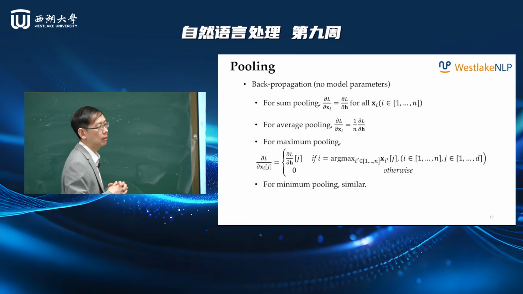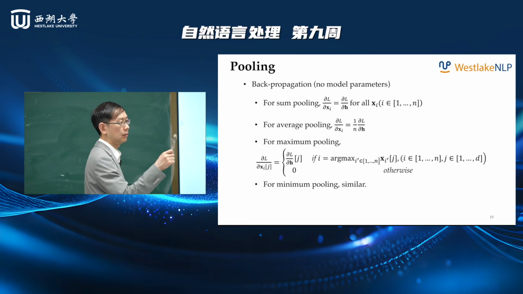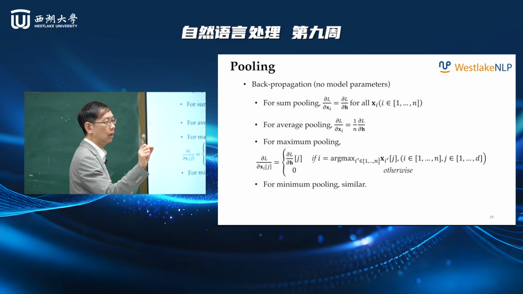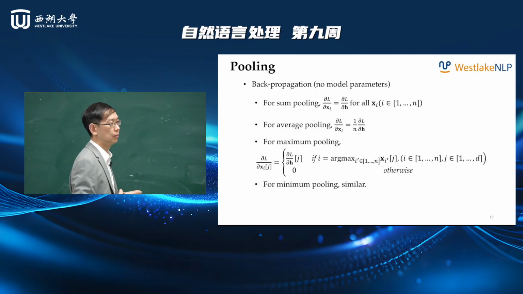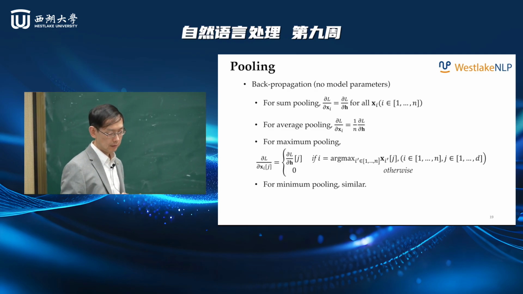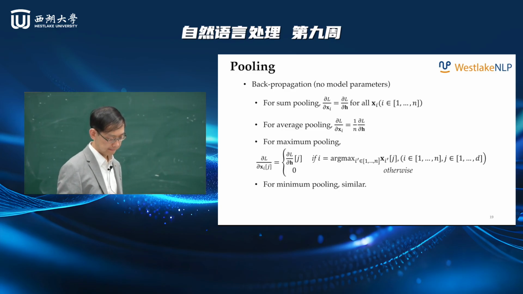So if the value of the output, the third element, comes from the first input vector, then the gradient on this bit will backpropagate to the first input vector, right? So that's what this equation says.